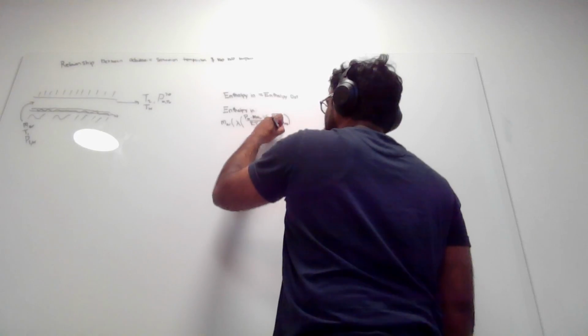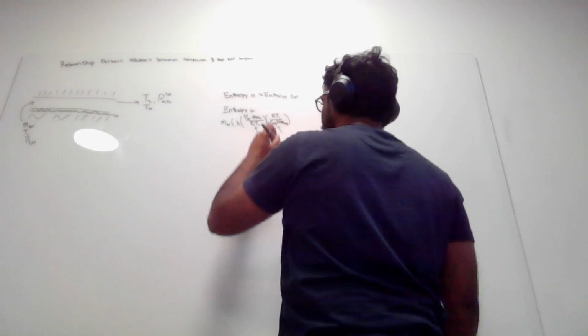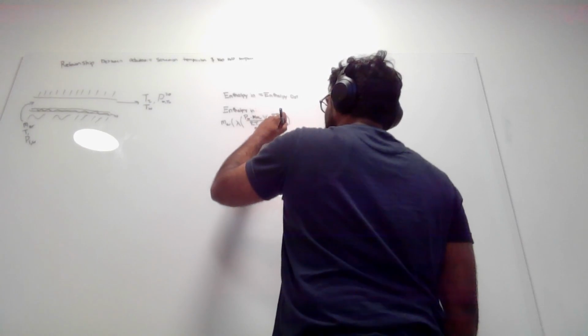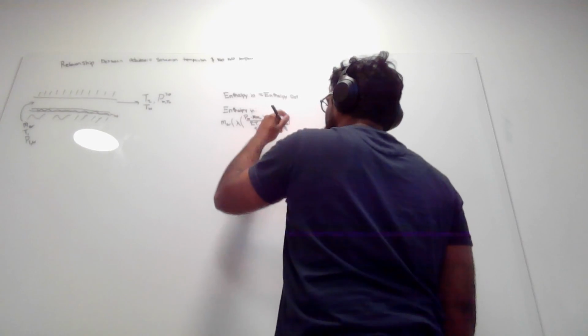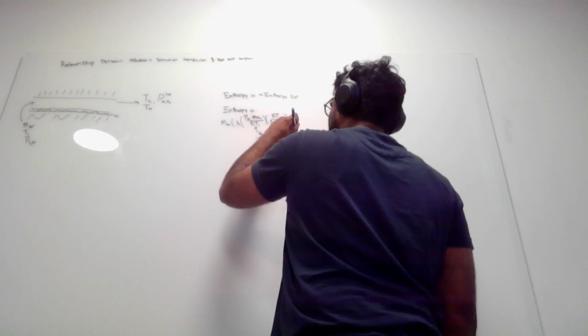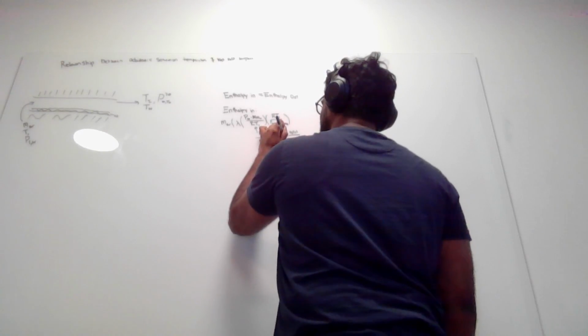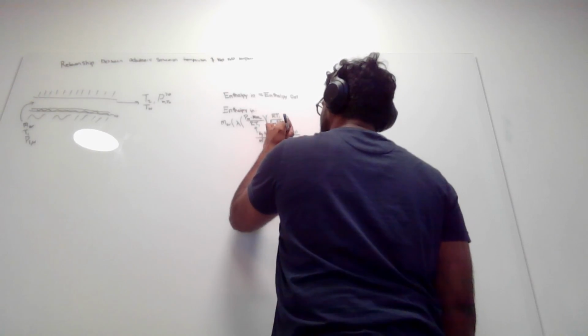And what this gives us is meters cubed total divided by kg total.